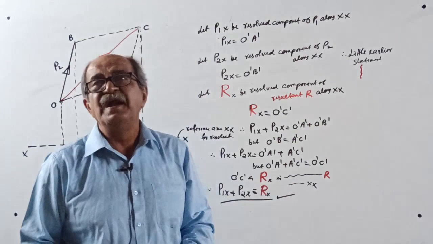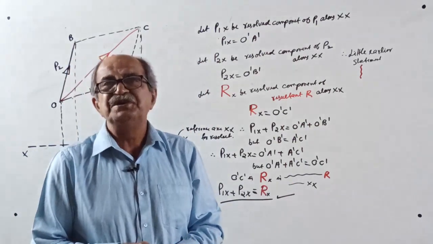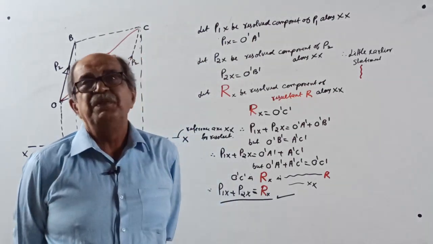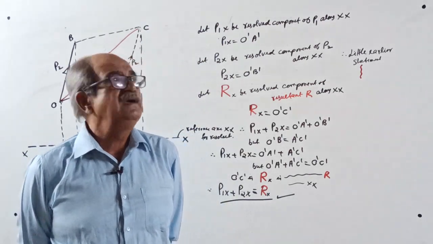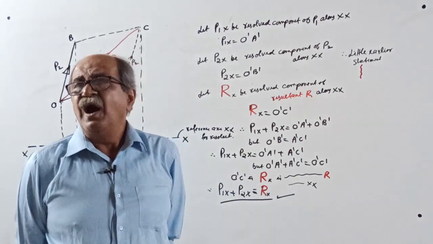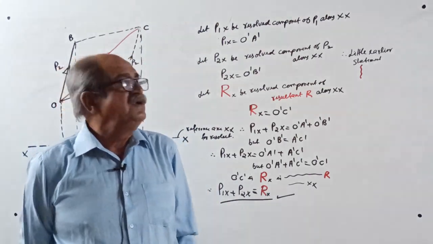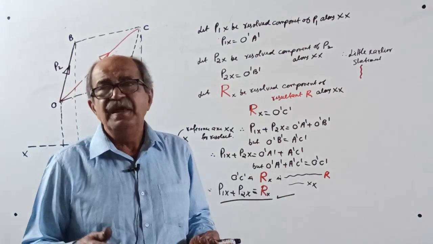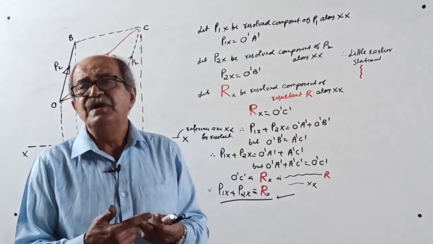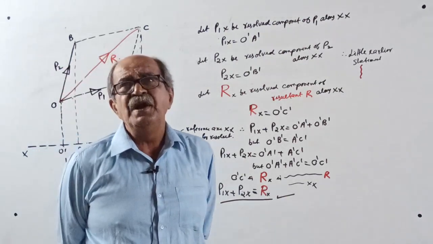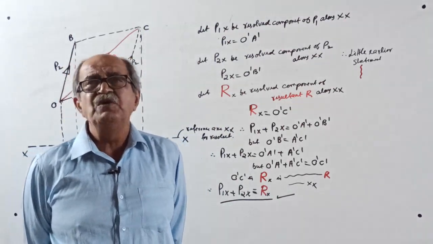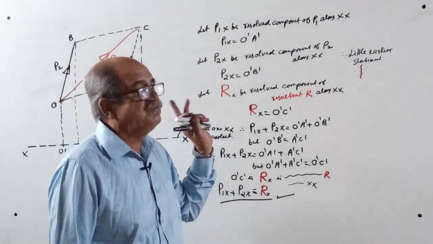Actually, this is a very well-known theorem. It has a logical proof; this much is not required. It is common sense. When you replace a given force system by the resultant, the algebraic sum of the components of the given force system along any axis should be equal to the component of the resultant along the same axis. It is logically provable, but this is a mathematical proof.